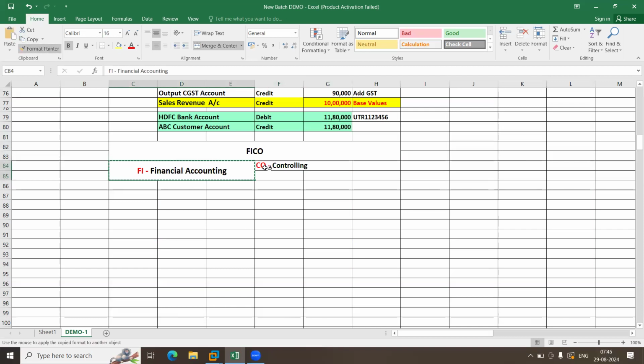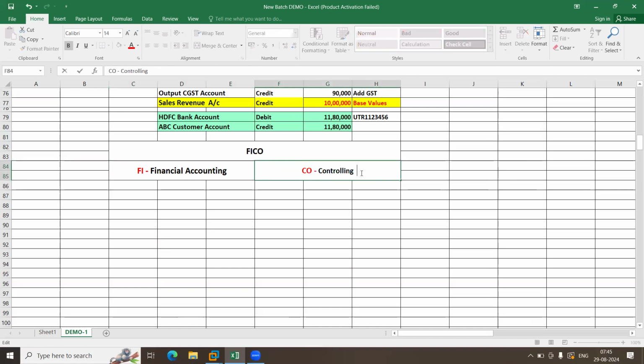One is FI, which means financial accounting. The other is CO, which means controlling. In other words, we can call it management accounting, or else you can say cost accounting.